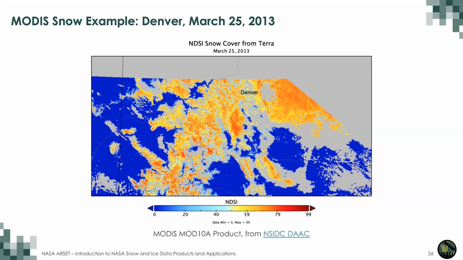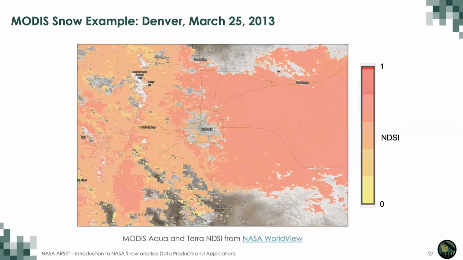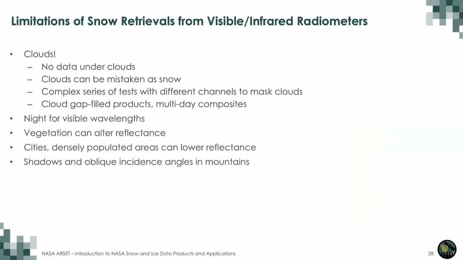This shows that you get high NDSI values from the snow cover. This from Worldview is now scaled 0 to 1, and again there are pretty vast areas of high NDSI values that are snow covered, except for the area of Denver due to the infrastructure.